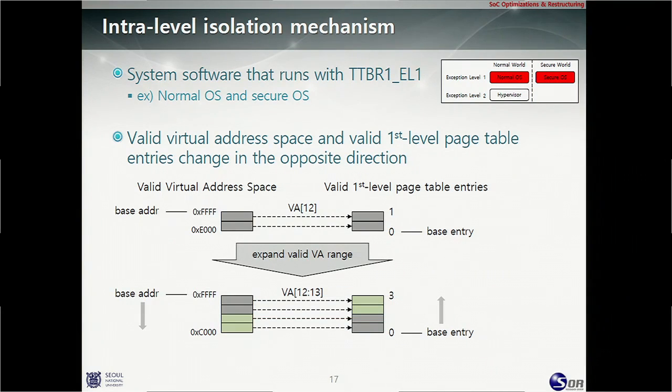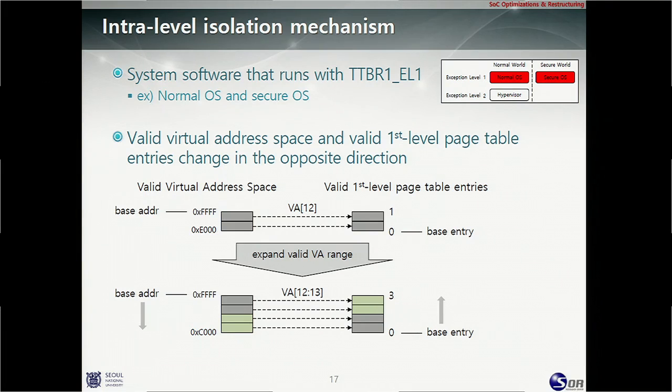Next, let's assume that Hilps is applied to system software using TTBR1, such as normal OS and secure OS. In this case, if Hilps modifies TxSZ to expand the valid virtual address range, then the valid virtual address space and the first level page table entries grow in the opposite direction.